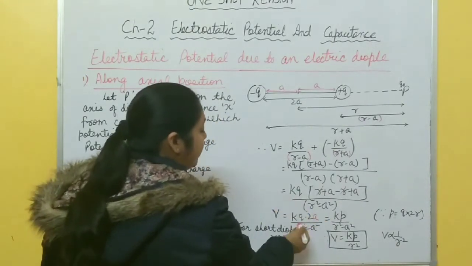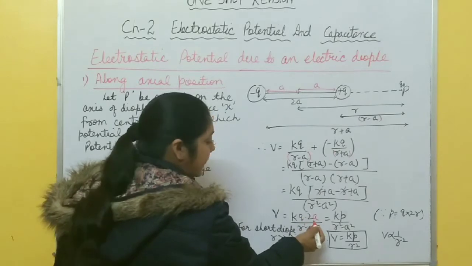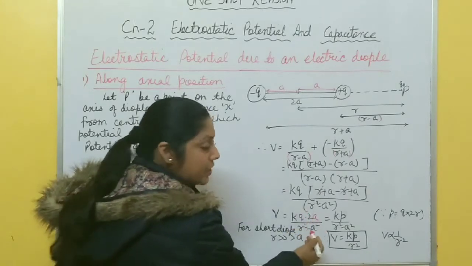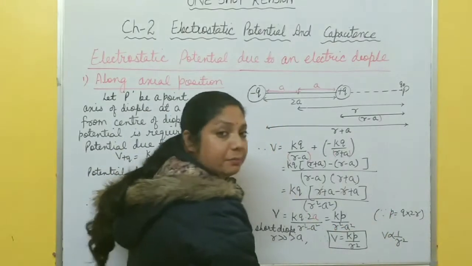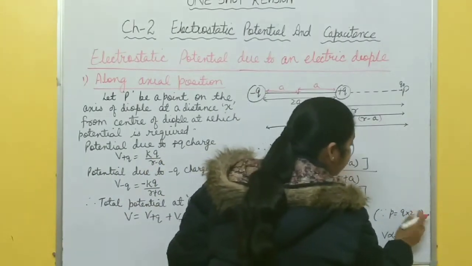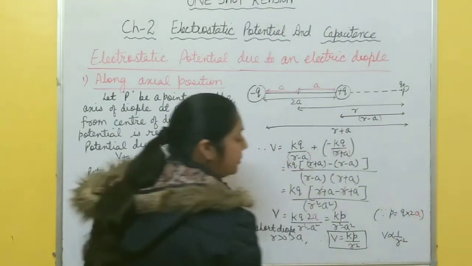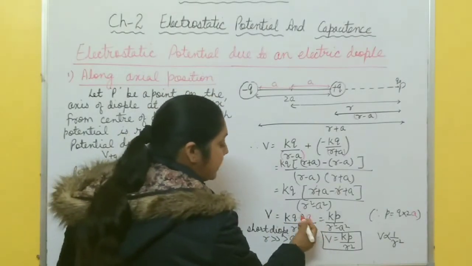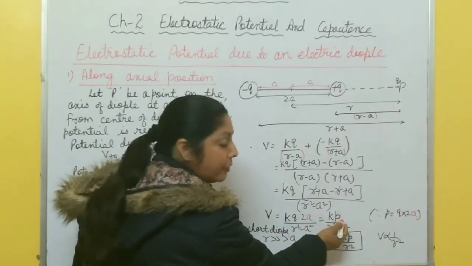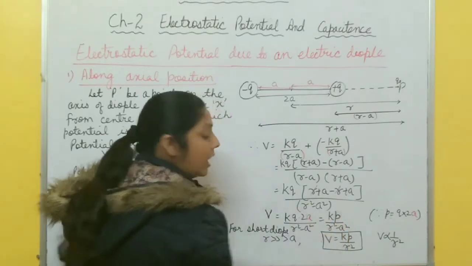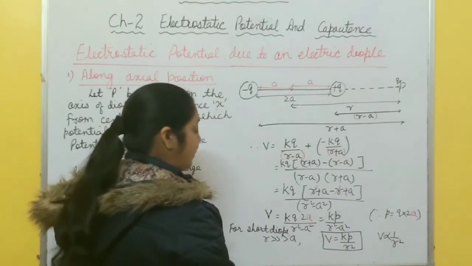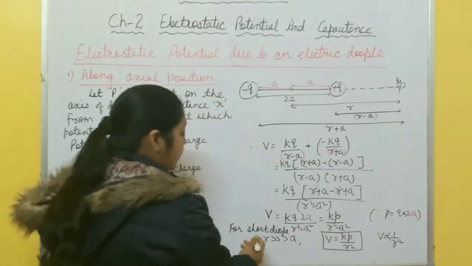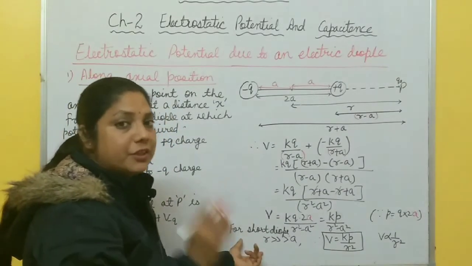So kq into twice a, and you know q into twice a is what? The dipole moment p, right? p is the dipole moment, q into 2a. So in place of q into 2a, you write the dipole moment p: V equals kp by r square minus a square. Now suppose this dipole is of very short length.